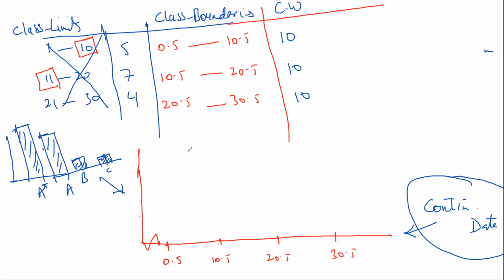Now suppose there was a group like this here, from 30.5 to 50.5, and let's say this has a frequency of 15, and there is a frequency of, let's say, 10 over here. Then in this case, you cannot have the frequency on the vertical axis. You will have to calculate the frequency density.